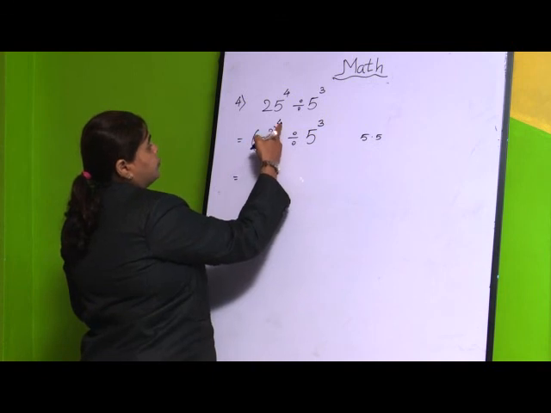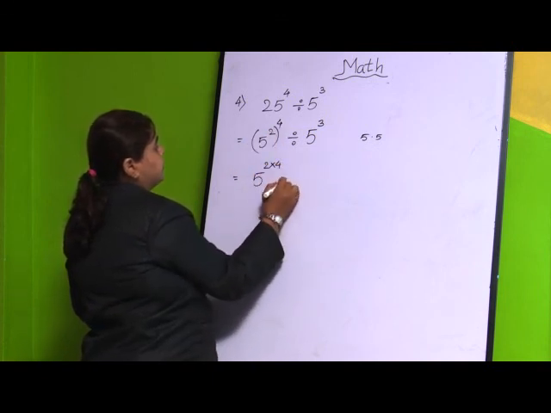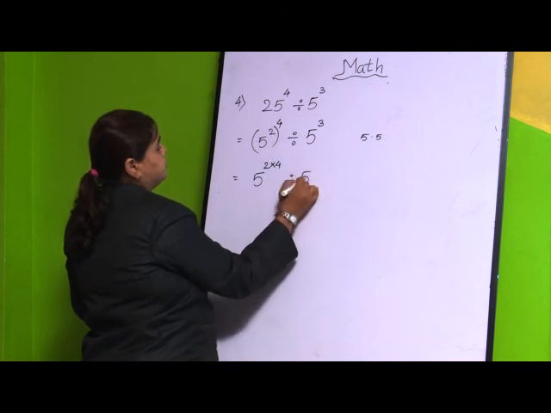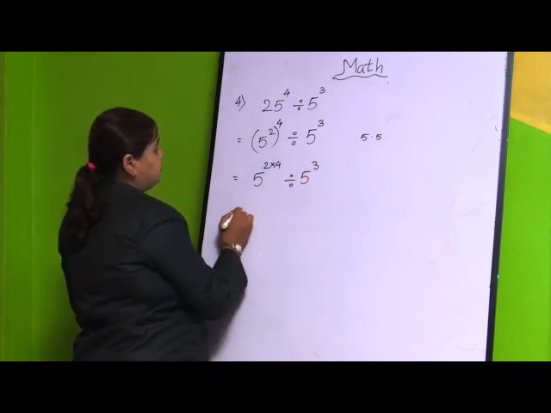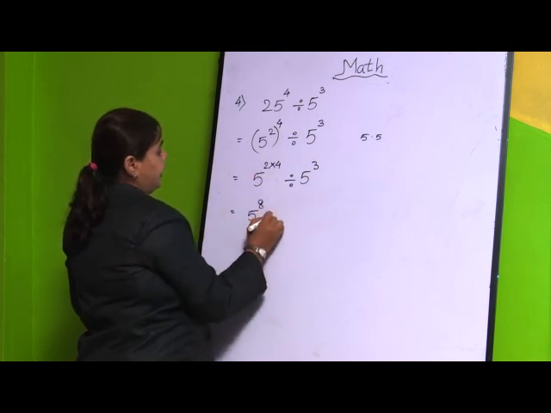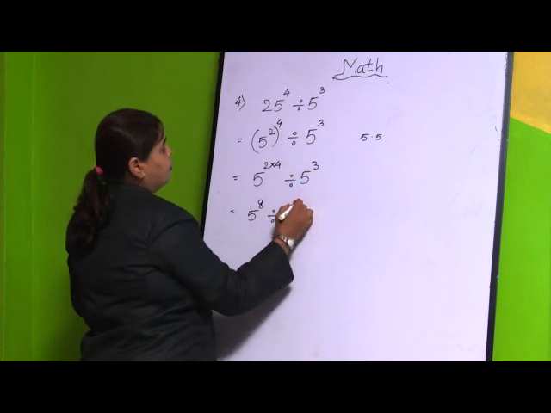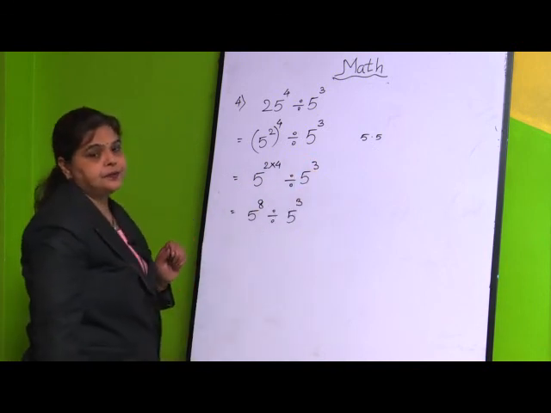Now, the power to the power is multiplied here. What will be the multiplication? 4 2s are 8, divided by 5 cube, as it is we will write.